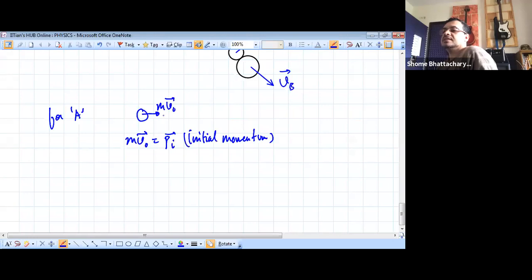Now this has a tendency to continue like this until and unless some external force acts on it. This time the external force acts in such a way that it delivers an impulse which causes its momentum to not only change magnitude but also to change direction. Now this becomes the final momentum.